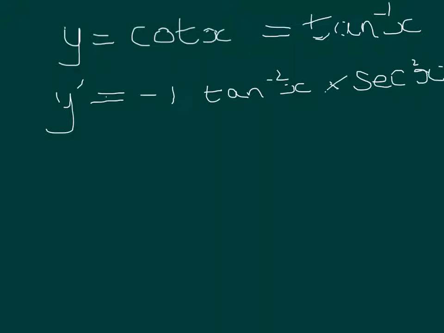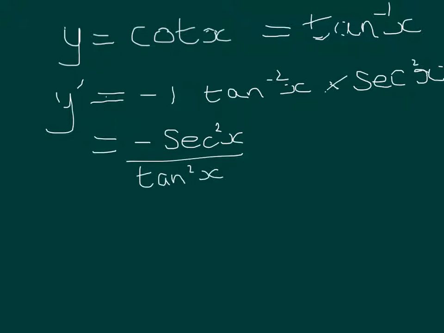So when I tidy that one up, I'm going to get minus sec squared on the top, all over tan squared. And I might like to try and tidy this up a little bit and see what we end up with. Well, sec squared is just 1 over cos squared.